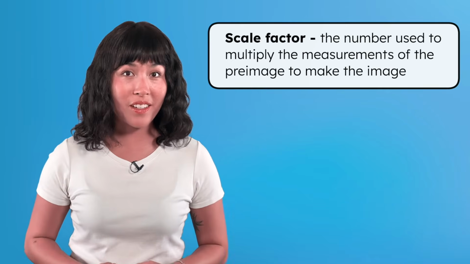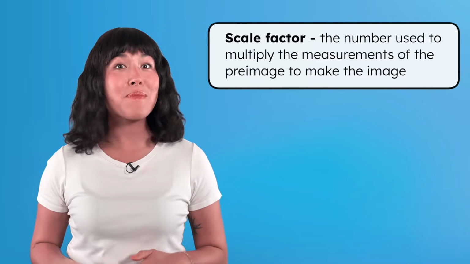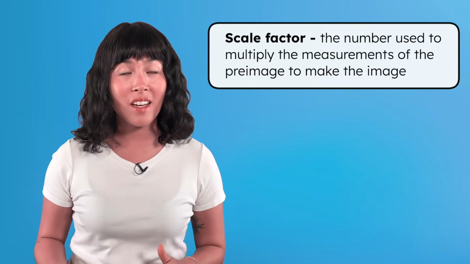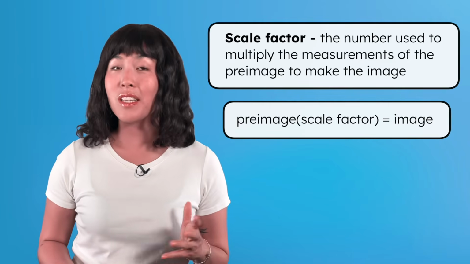Okay, to do this calculation, let's think about the relationship between the pre-image, the scale factor, and the image. We just reviewed that scale factor is the number used to multiply the measurements of the pre-image to make the image. So it's kind of like an equation where the pre-image times the scale factor equals the image.